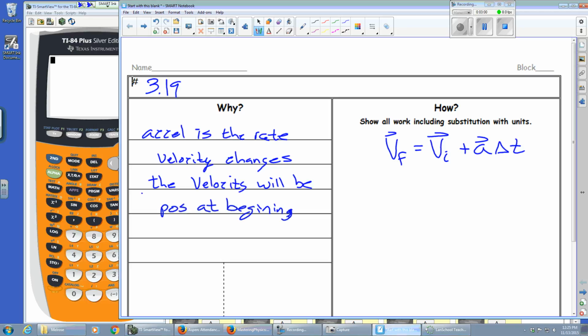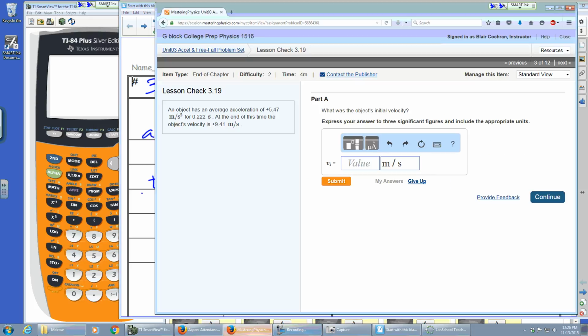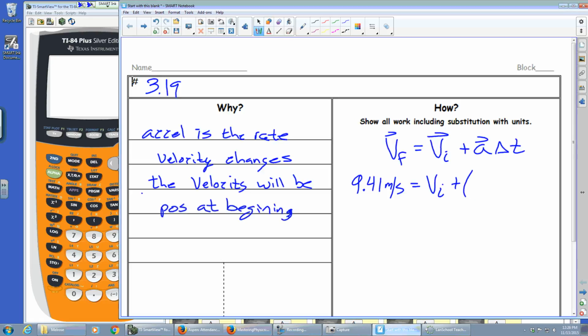So that's my v final, positive 9.41 meters per second. I don't know what my v initial is. My acceleration, they tell me, is positive 5.47 meters per second squared.